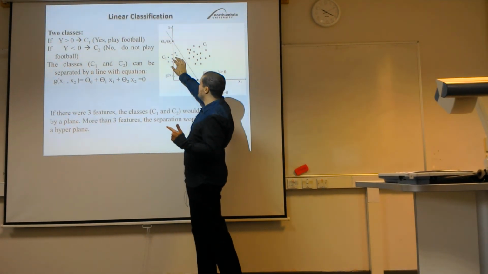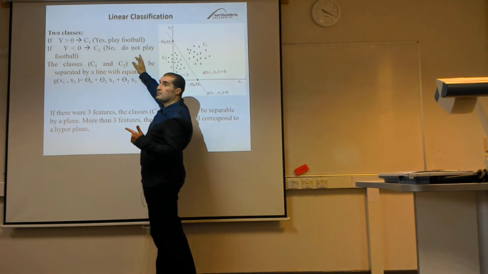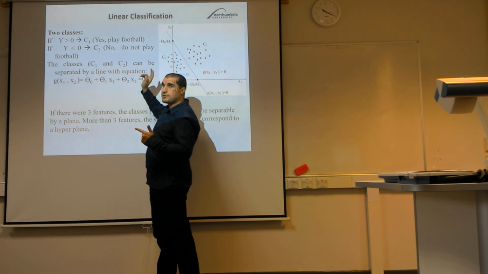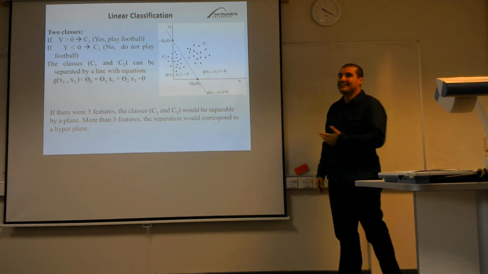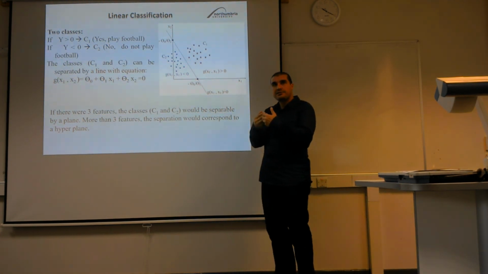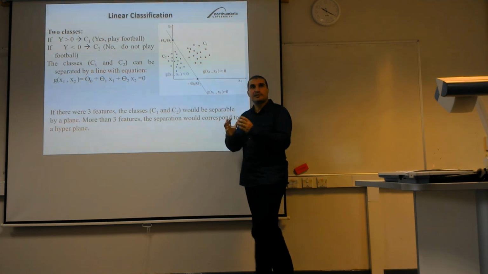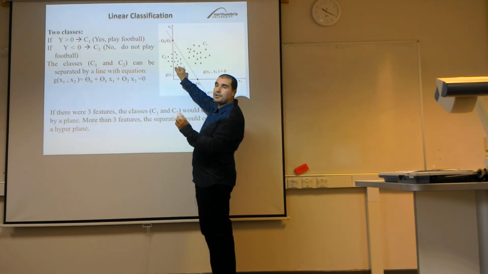The second class is -1, no, don't play football. So that's two classes. Now the problem of linear classification is to find the best straight line that can separate the two classes from each other.